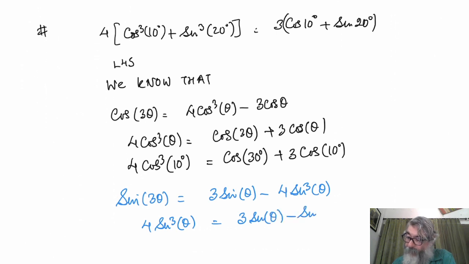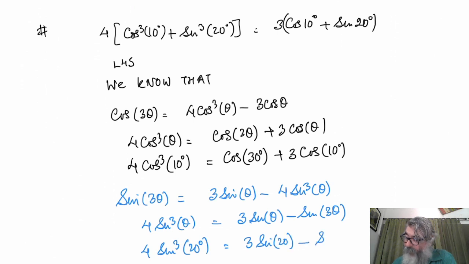Now I have 4 sine cube 20. So it will become 3 sine 20 minus, how much will it become? Sine 60 degree, 3 times of the angle, 3 theta.